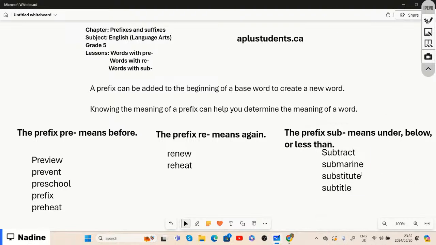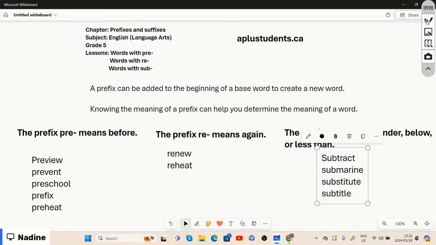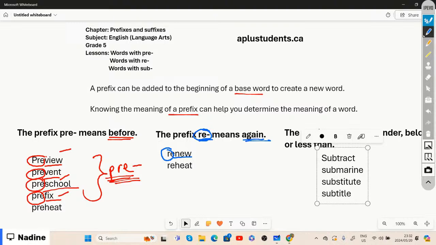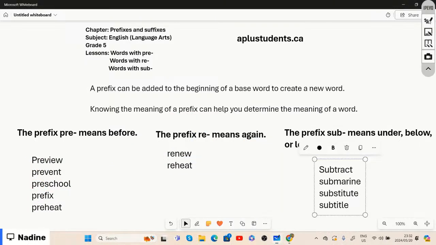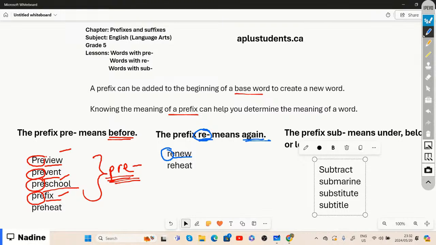So, subtitle, right? If we look at the word, like maybe we look at a book or something, right? A story. Now, in the story, we have a title, right?